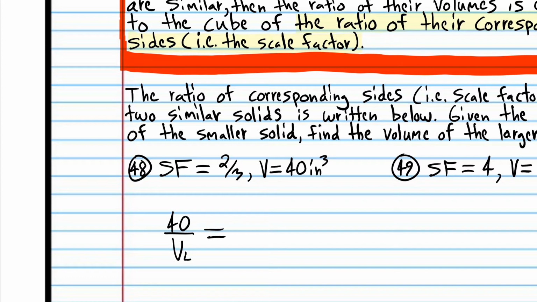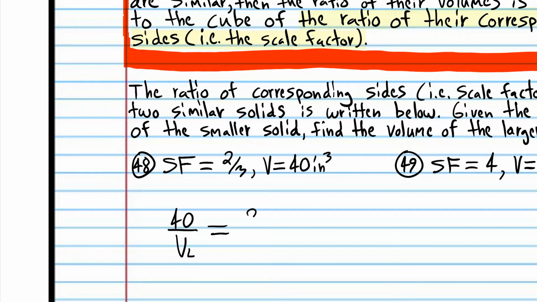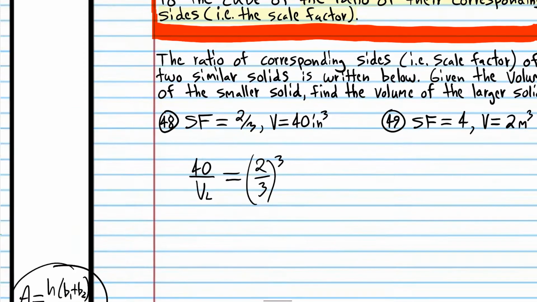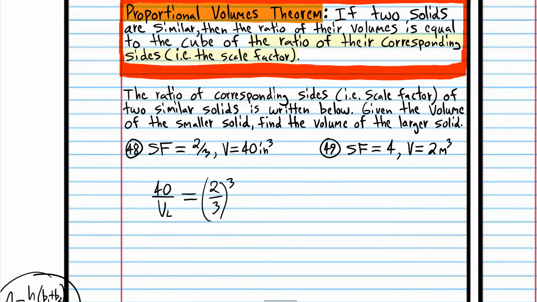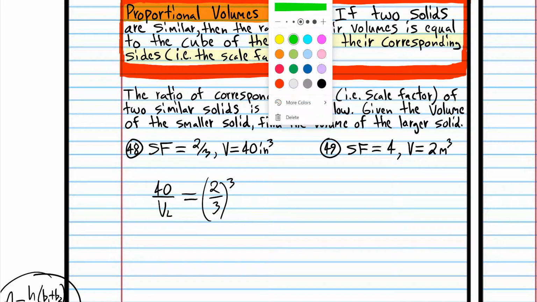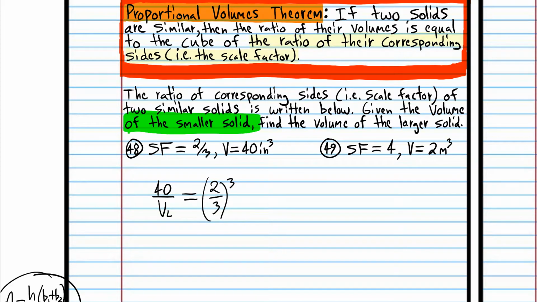That's equal to the scale factor cubed. Now, you can write the scale factor in different ways, but I had to write it with the smaller number on top. The 2 is on top because we wrote the smaller volume on the top. Now, how did I know that that was a smaller volume? Because they told us. The volume that we're given is the volume of the smaller solid.